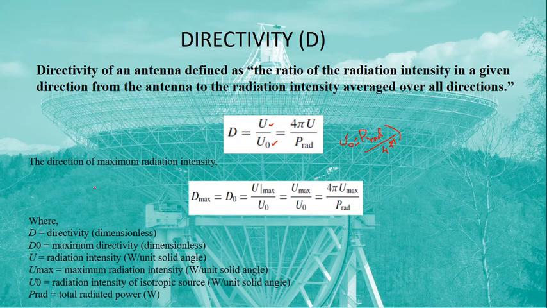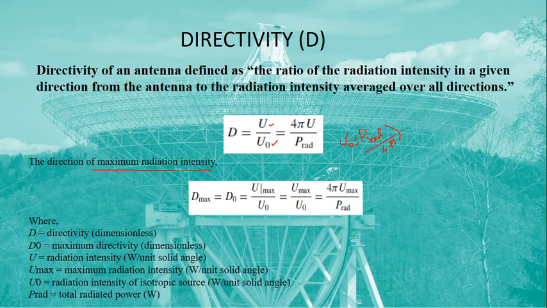If the direction is not known, then we assume the directivity to be in the direction of maximum radiation intensity. We can see the radiation pattern and predict in which direction the maximum intensity is, and assume that in the directivity formula. So we take the ratio of it to the reference antenna, which is the radiation intensity averaged over all directions.